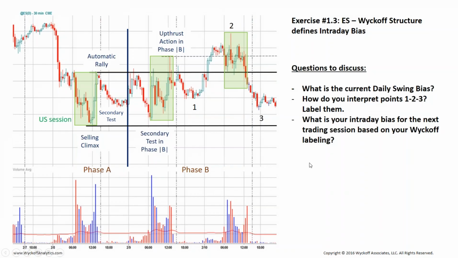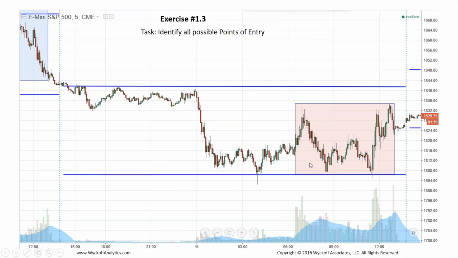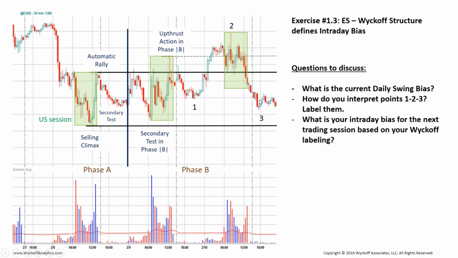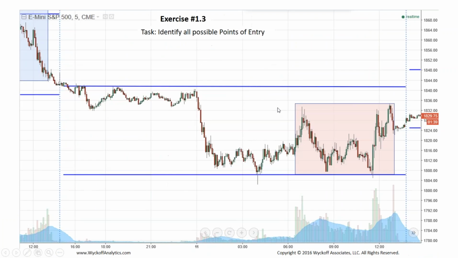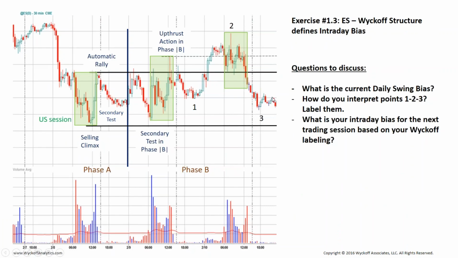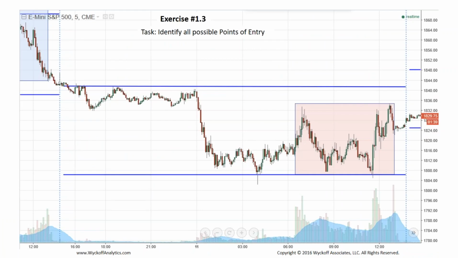Okay, let's see where we are before the US session. So we were consolidating right here, and then I see that we actually went lower and below the support. So this was probably somewhere at the long-term support right here from the previous chart.